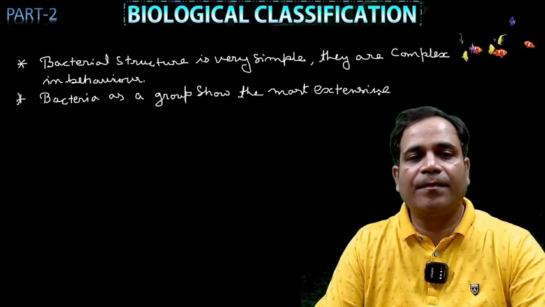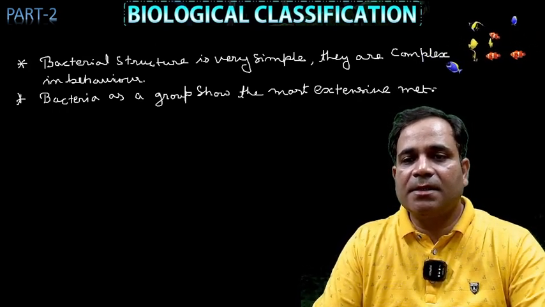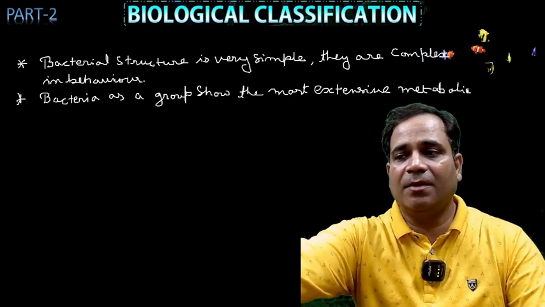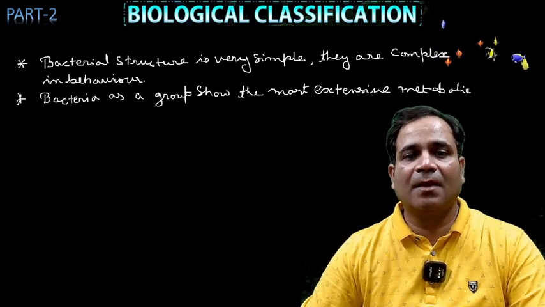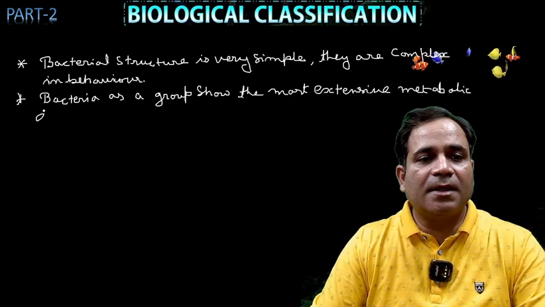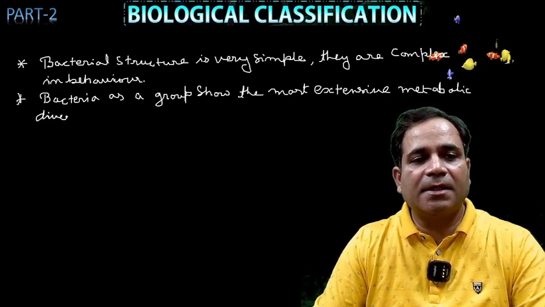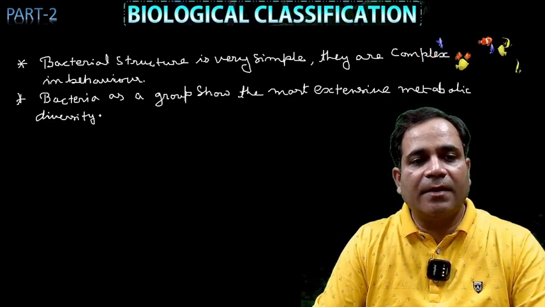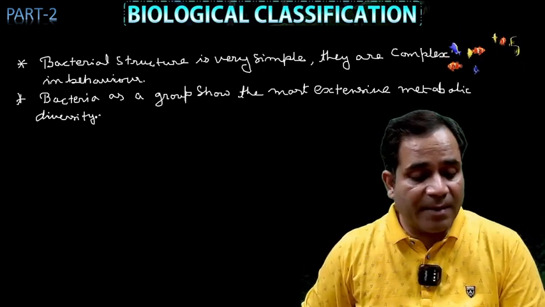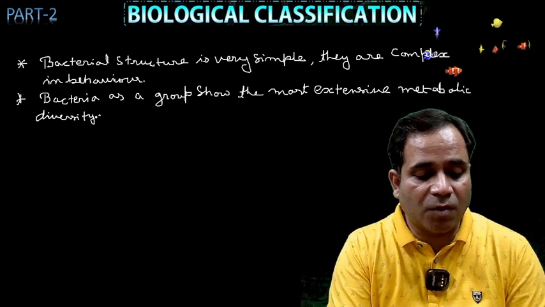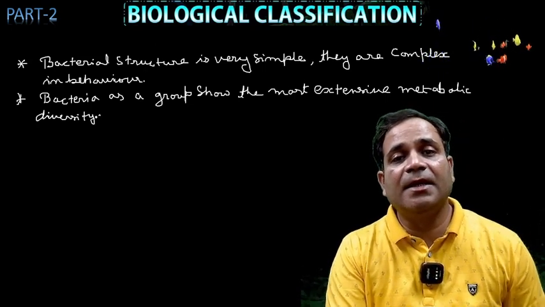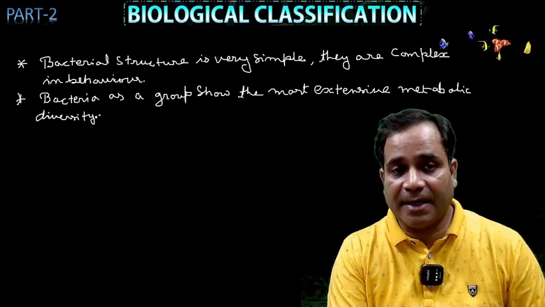See, metabolic diversity. Bacteria as a group show the most metabolic diversity. If I'm saying bacteria have the most metabolic activity, it means they have different metabolic characteristics also.